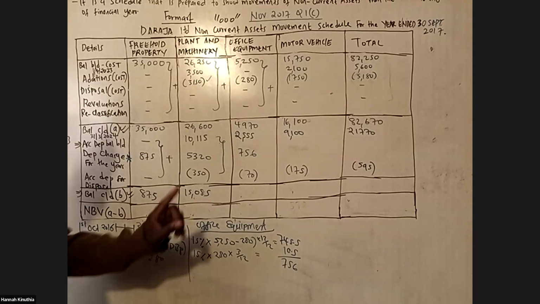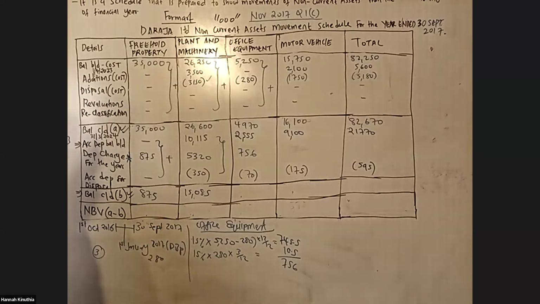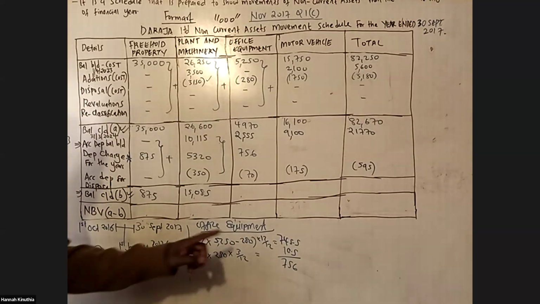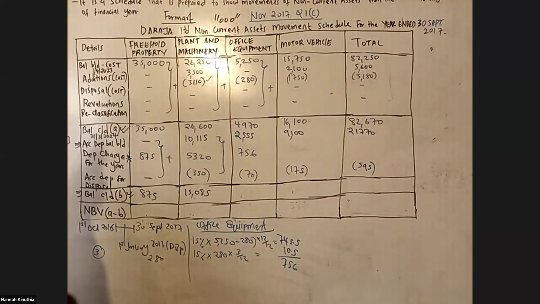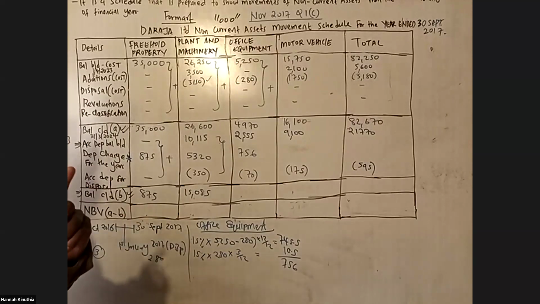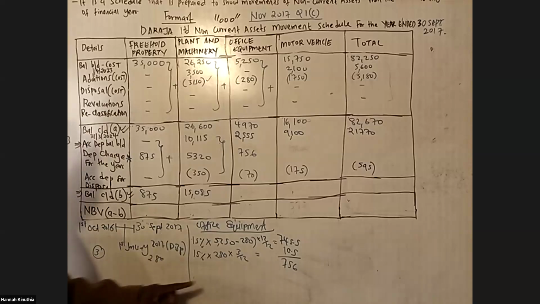So the 280 is part of 5250. But remember, if we take 15% of 5250 times 12 over 12 without removing 280, we would have taken depreciation for the whole year, including the 280. So we need to remove this 280 first, to get the depreciation for the whole year for the machines we have, without the disposal.